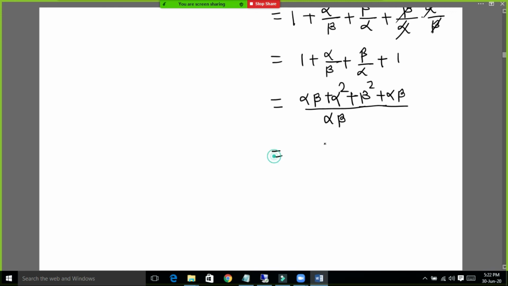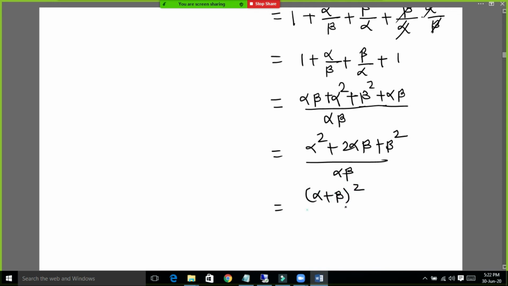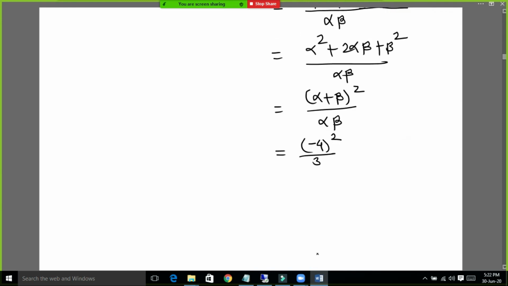Hence we get alpha square plus 2 alpha beta plus beta square upon alpha beta. So alpha plus beta whole square upon alpha beta. Now alpha plus beta is minus 4, that is minus 4 square upon 3. Again we get the same value, 16 by 3. This is the value for product of zeros.